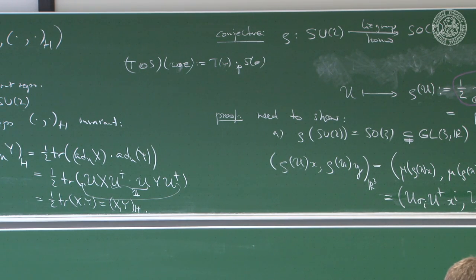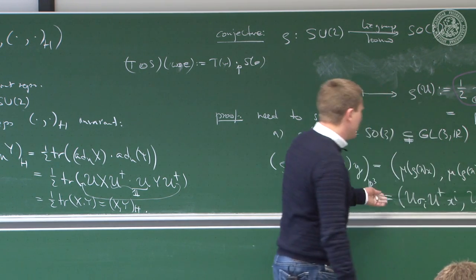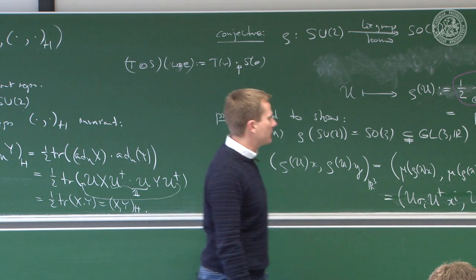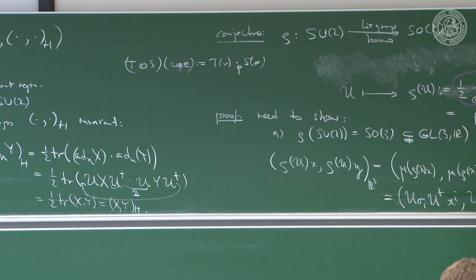Very good. Okay, fine. And now we use the definition of the H inner product, and you remember that was 1/2 the trace of the product of everything that's in there.